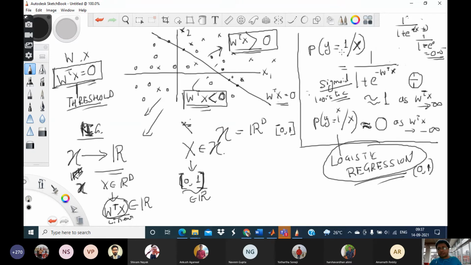So using this logistic regression, I am able to do probabilistic classification. Given any feature vector x, what I can now do is give you values like this: probability y equal to 1 given x is equal to 0.7, and probability y equal to 0 given x is equal to 0.3.